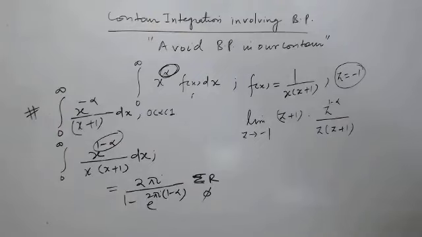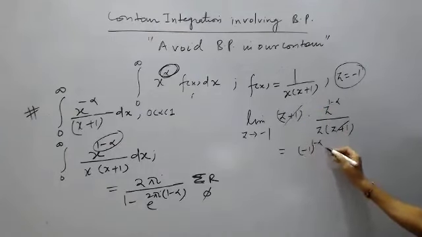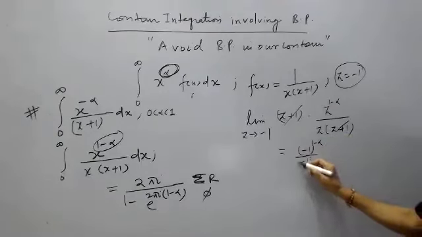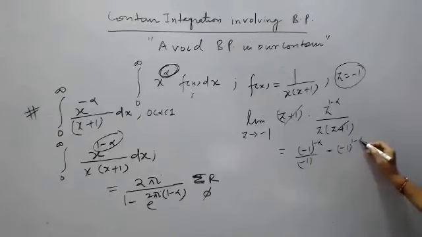So this will become minus 1 to the power 1 minus alpha upon minus 1. So this will become minus 1 to the power 1 minus alpha, minus 1. Correct?